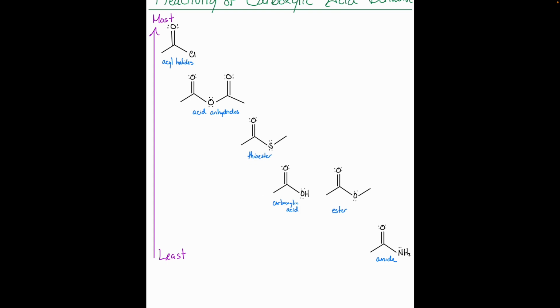Again, our carboxylic acid and our ester are tied at the same place in this reactivity series. The most reactive is an acyl halide, followed by an acid anhydride, a thioester, then that tie between carboxylic acids and esters, and finally the least reactive in our series here being that amide.